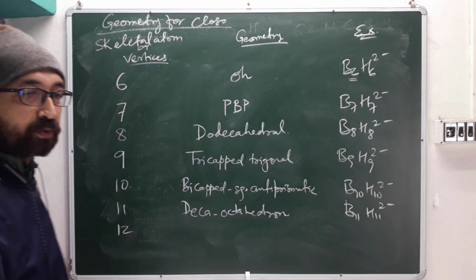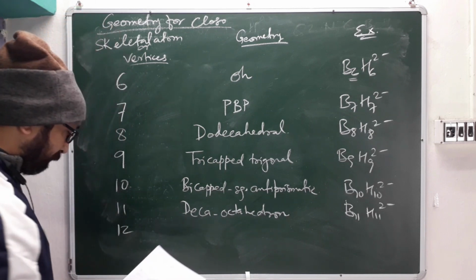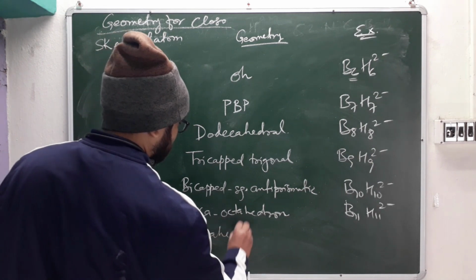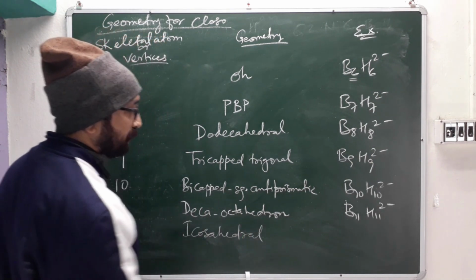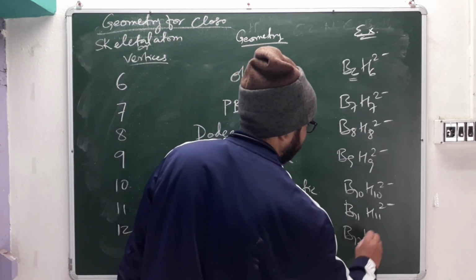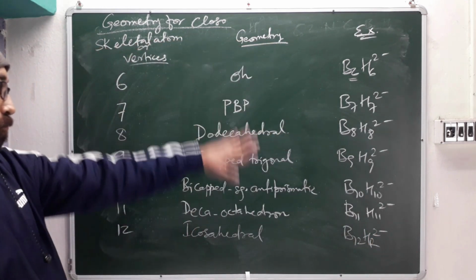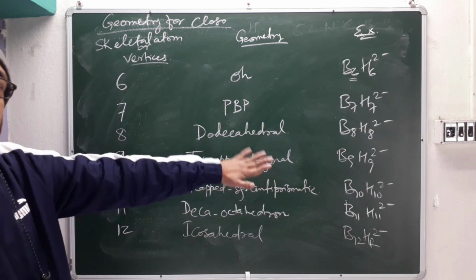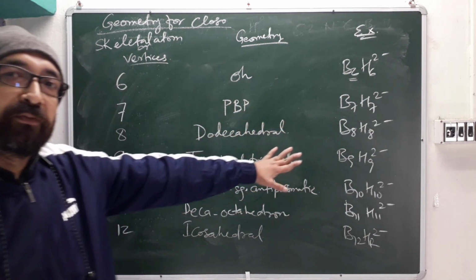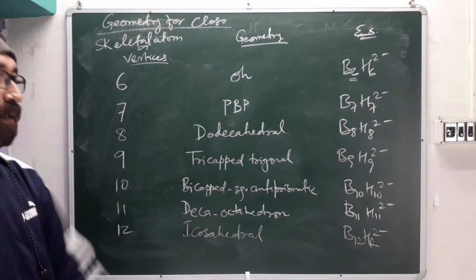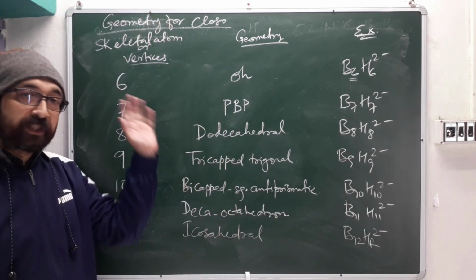For 12, it will be icosahedral, B12H12 2 minus. So this table will help you with the geometry type, number of vertices, number of skeletal atoms, whatever they ask.